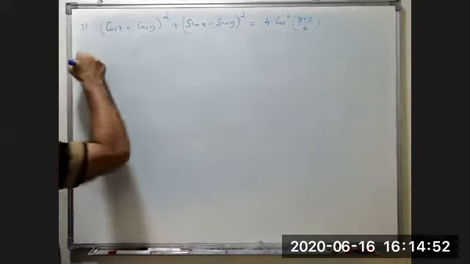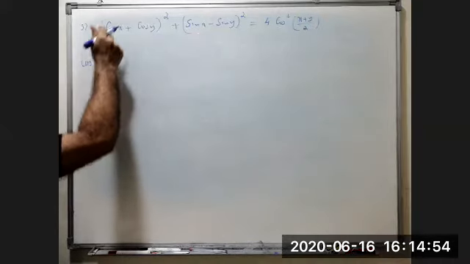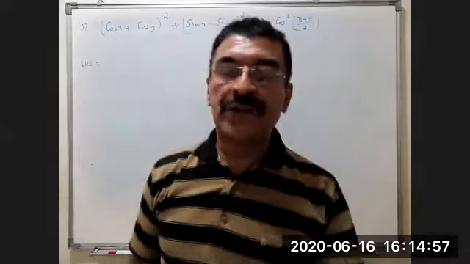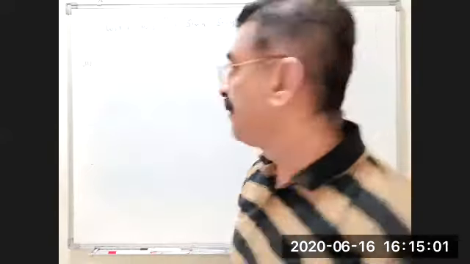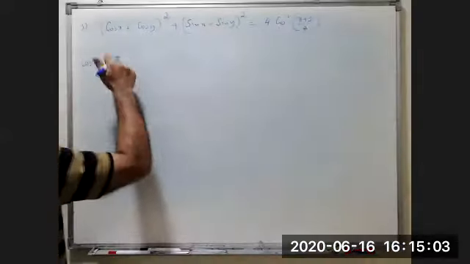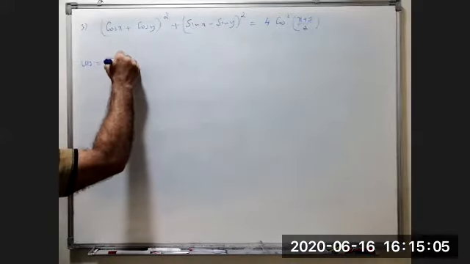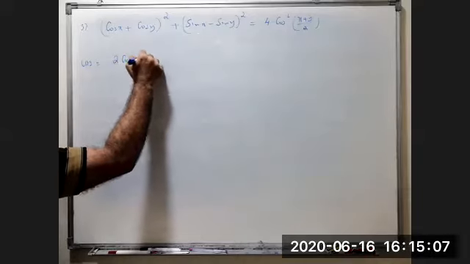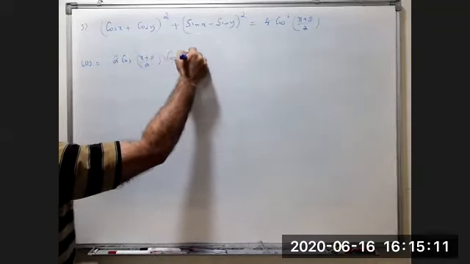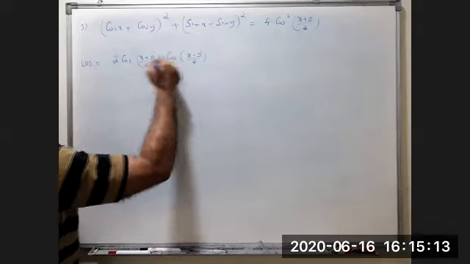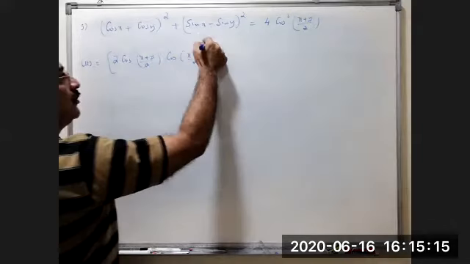Again, taking the LHS, directly use the formula for cos x plus cos y the whole square. Cos x plus cos y is 2 cos x plus y by 2 into cos x minus y by 2, square of it.